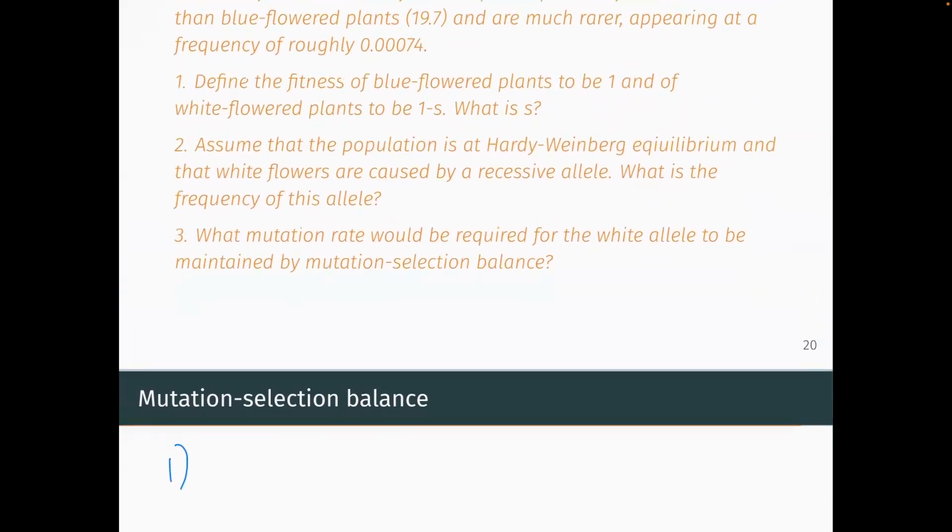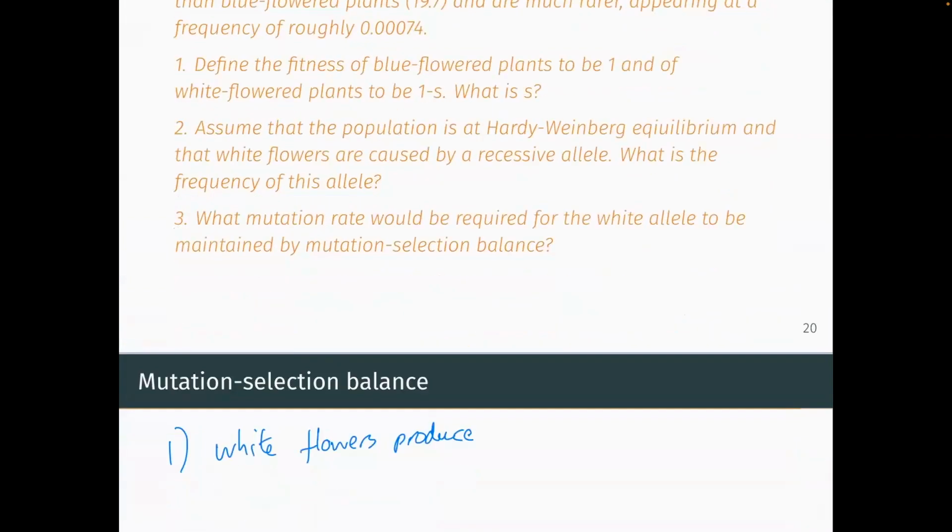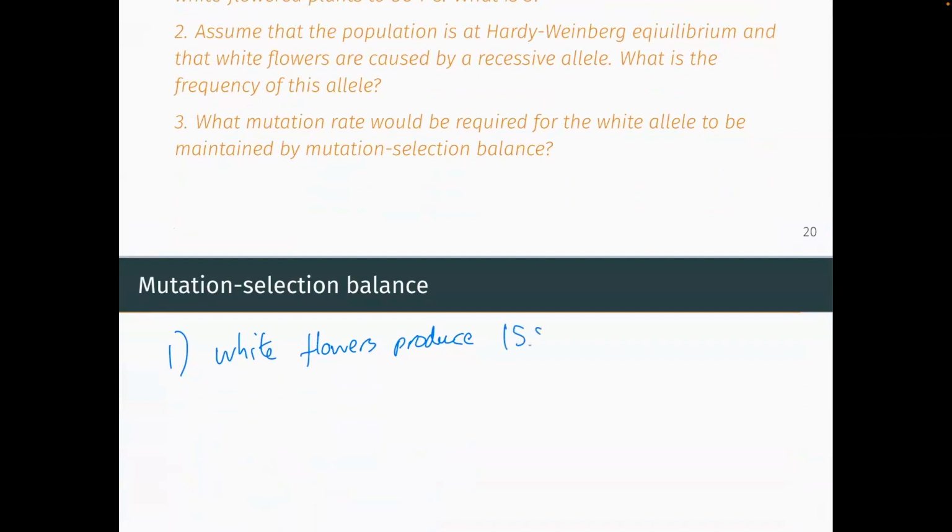So let's think about the ratio of these things. White flowers produce on average 15.8 seeds, and blue flowers produce 19.7 seeds on average.